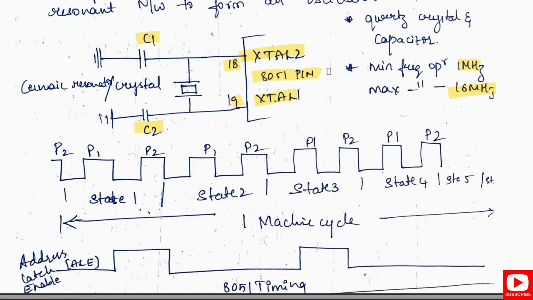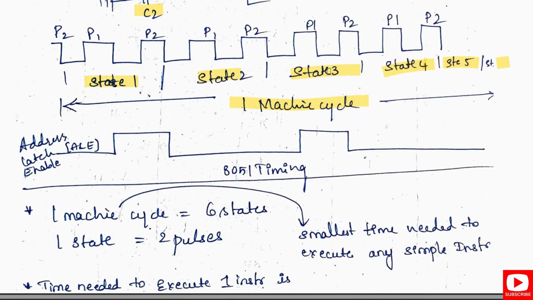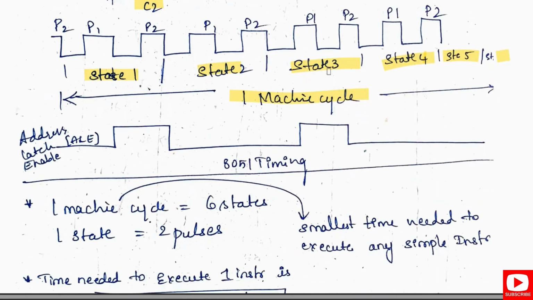Then one machine cycle has various states, and in that we measure the ports. Here the 8051 timing is shown. You can observe one machine cycle has 6 states, and one state has 2 pulses. Here one state is the area from here to here.